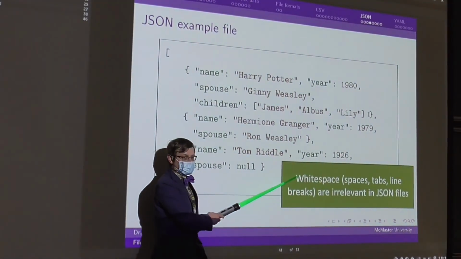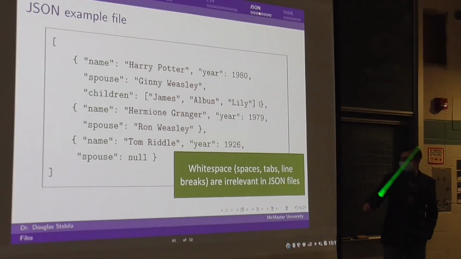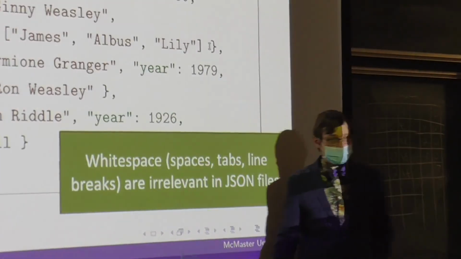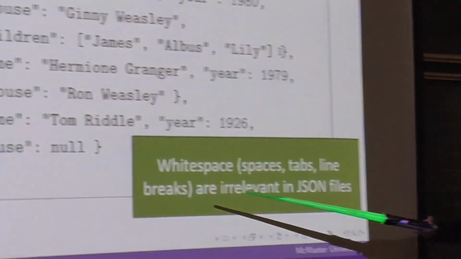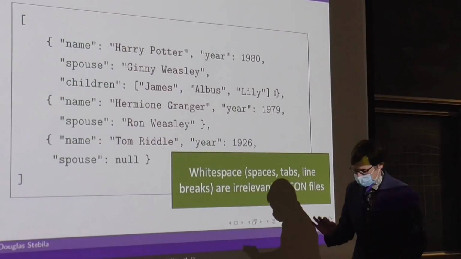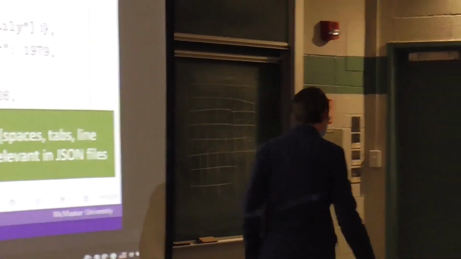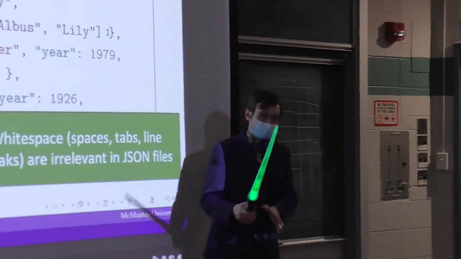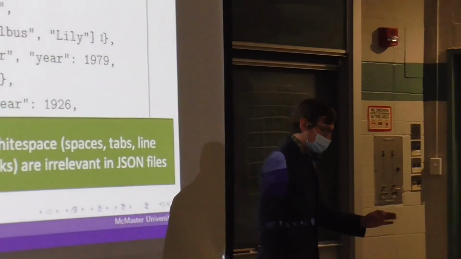Whitespace, that is to say, spaces, tabs, and line breaks, is irrelevant in JSON files. There is no semantic content to the spacing. So in theory, you could put all of this on one line and it would be a perfectly parsable JSON file. The computer would still know what to do with it. This might come as a shock to all of you Python people, because when we program in Python, we're very particular that the indentation is correct because it carries semantic content.